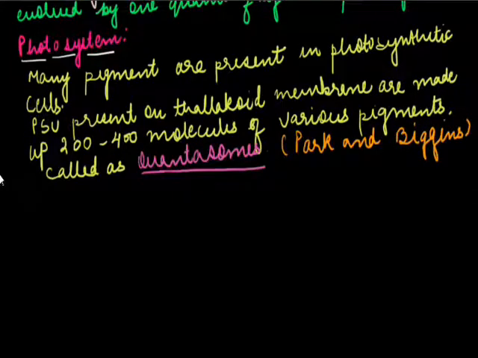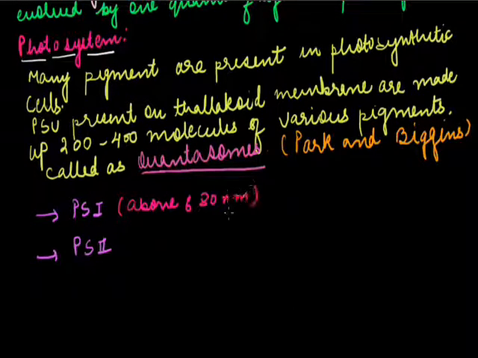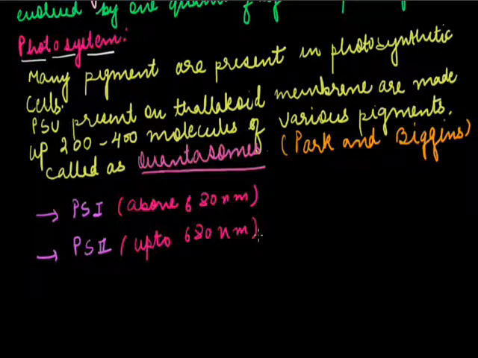Two types of photosynthetic units are present: PS1 and PS2, that is photosystem 1 and photosystem 2. Photosystem 1 gets activated at a wavelength above 680 nanometer, whereas PS2 gets activated up to a wavelength of 680 nanometer.